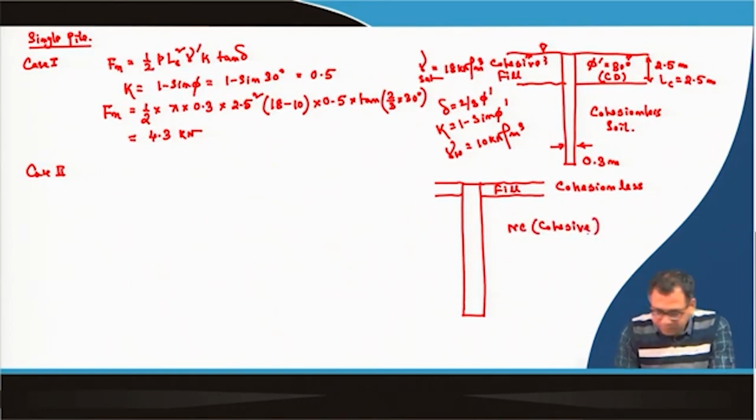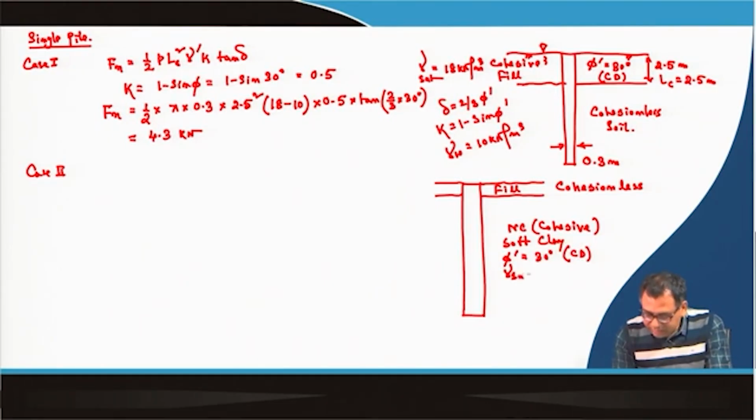And this is normally consolidated soil, this is cohesive. Okay. His properties, this is a soft clay, phi dash is 30 degree, and we have done it for CD test. Gamma sat is 20 kilonewton per meter cube, gamma W is 10 kilonewton per meter cube.